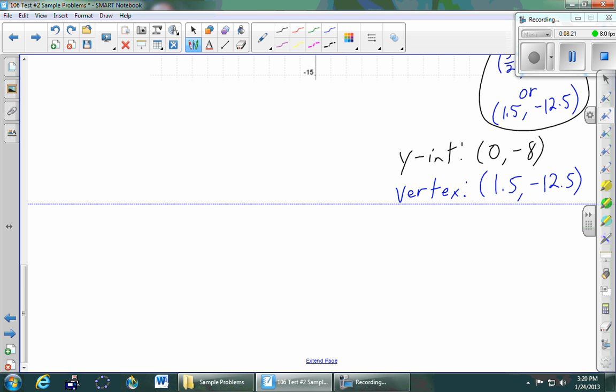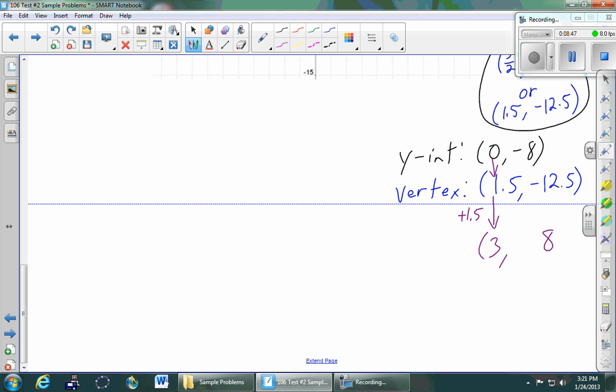And so we're trying to find the point symmetric to the y-intercept. So all we're going to do is see if we can kind of walk from the y-intercept at 0. How far do we have to walk horizontally to get to the vertex? We have to walk +1.5. So if we have to walk +1.5 to get from 0 to 1.5, then we're going to walk another +1.5, and that lands us on 3.